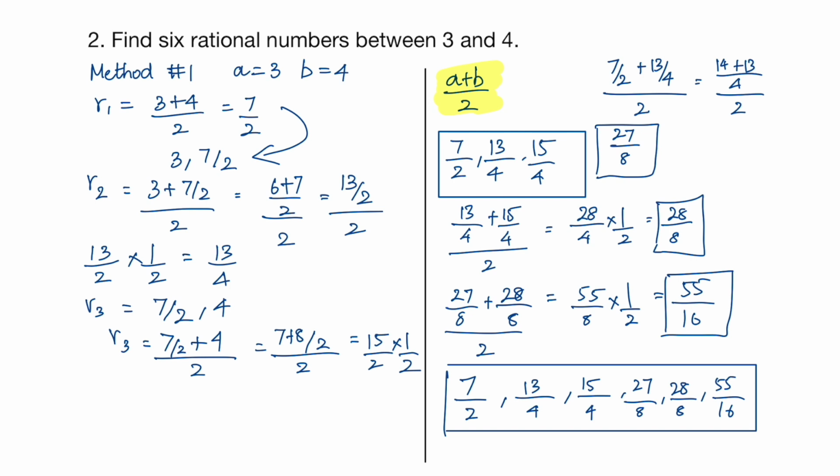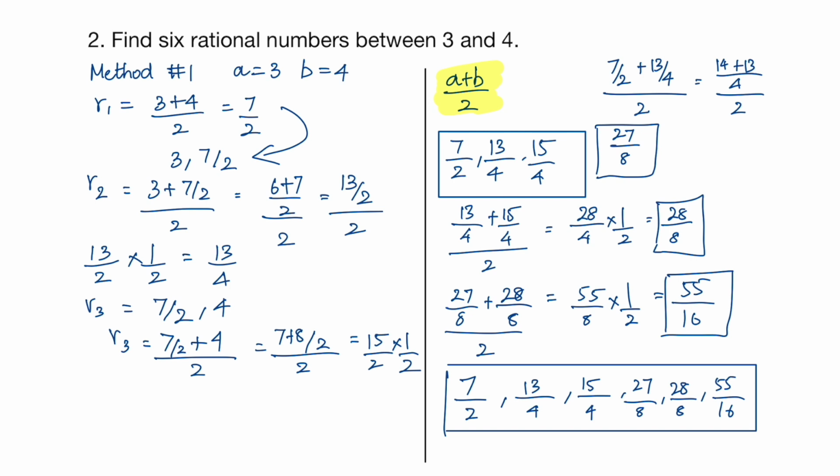So 13 by 4 and 15 by 4 are obviously rational numbers, and 8 times 3 is 24 and 8 times 4 is 32. So any number between that range would also be a rational number. So 28 and 27 are obviously rational numbers, and similarly for the last number as well. So these 6 numbers are rational numbers between the range 3 and 4.